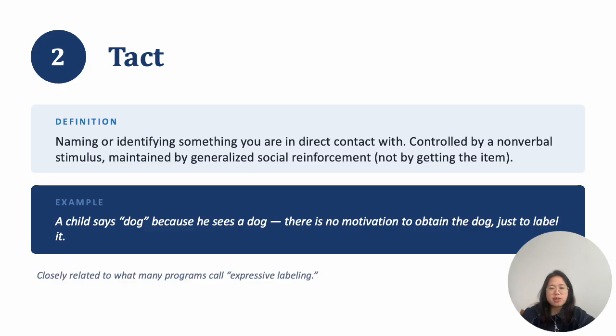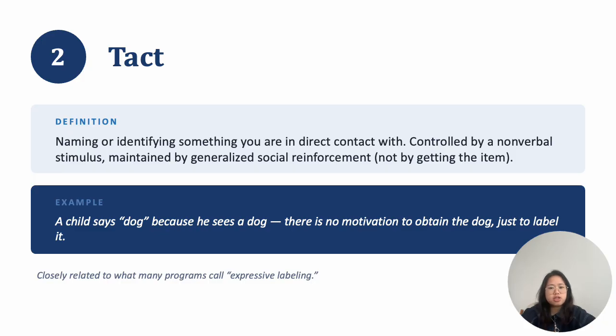The second operant is the tact. A tact is naming or identifying something you're in direct contact with. It's controlled by a nonverbal stimulus, and unlike the mand, it's maintained by generalized social reinforcement and not by getting the item itself. Here is another example. A child says dog when he sees a dog.